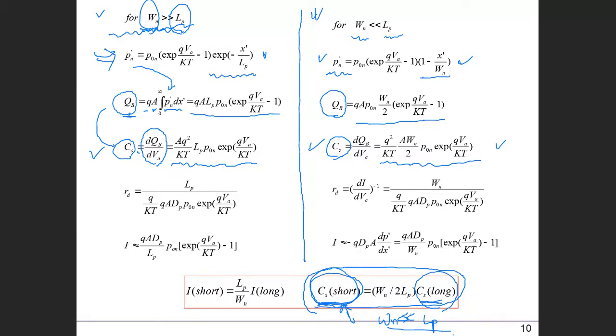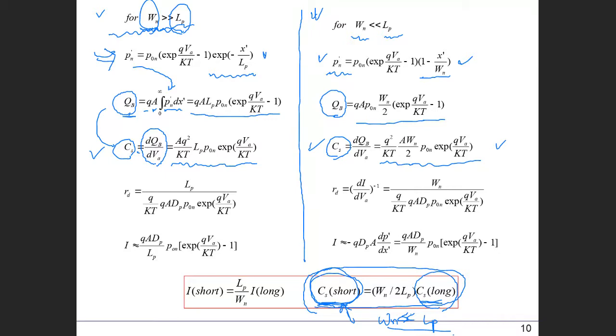So in that sense, the short-base diode gives us faster operation compared to the long-base diode. That is one thing we have to keep in mind.